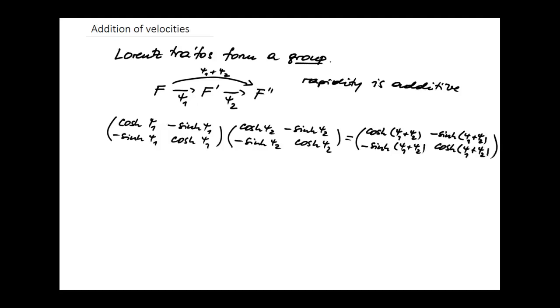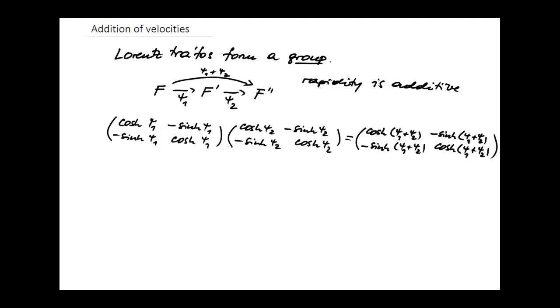And from this you see the mathematical proof of the statement that I gave above, that going from one frame to the next that moves with rapidity psi1, and then yet to another frame that moves with rapidity psi2, is equivalent to going directly from the first frame to the last frame, where the rapidity is psi1 plus psi2.